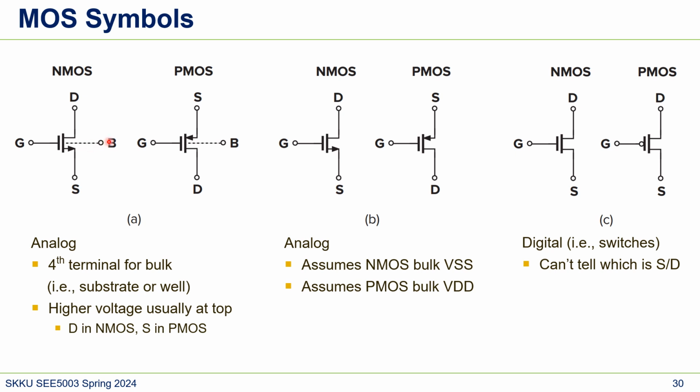When we say the direction of current, it's opposite. So the current flows from D to S. Maybe a little confusing, but again, in NMOS, source means the source of electrons, because the electron is the carrier in NMOS.